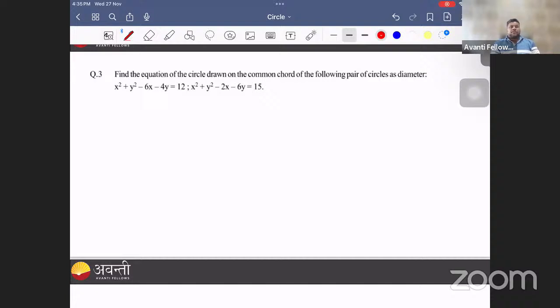Find the equation of the circle drawn on the common chord of the following pair of circles as diameter.